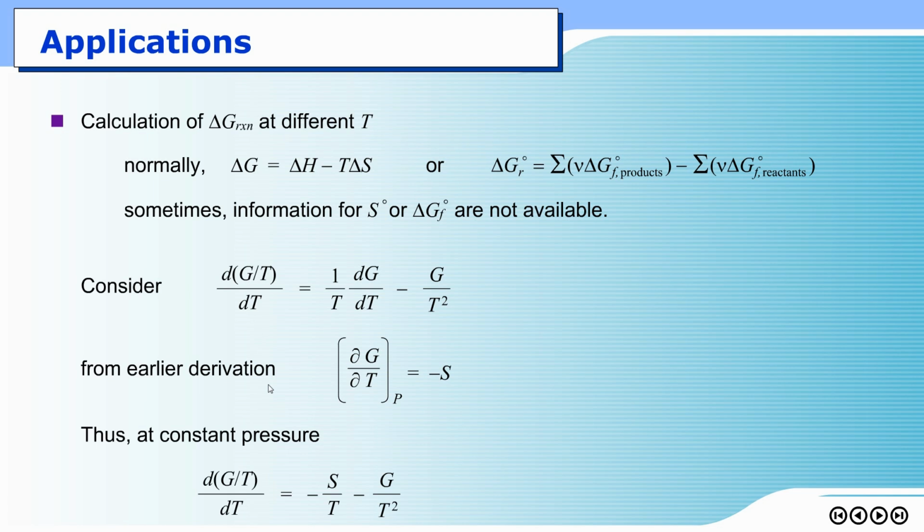So if we restrict our pressure to be constant, then this differentiation can be written at constant temperature and pressure. This term can be related to entropy according to this relationship. So we replace this one by minus S, and the equation ends up like this.